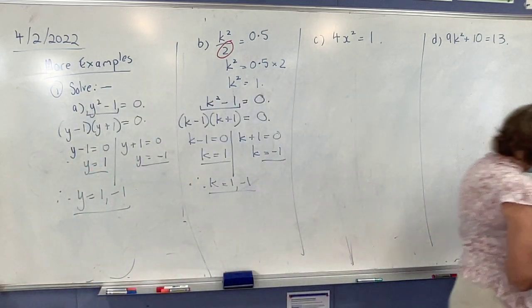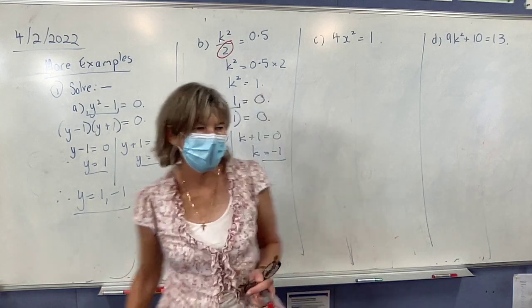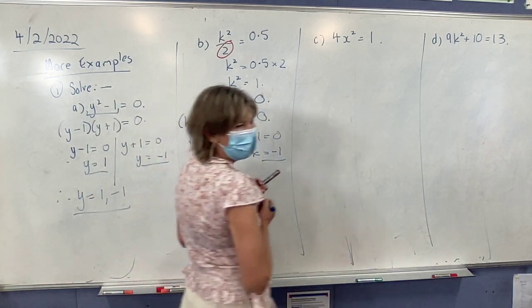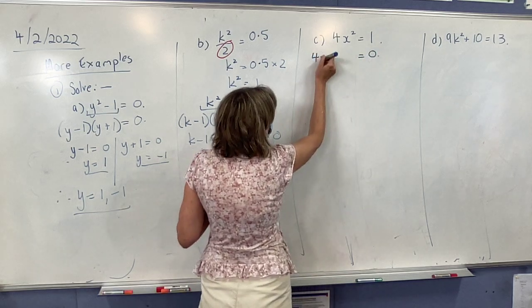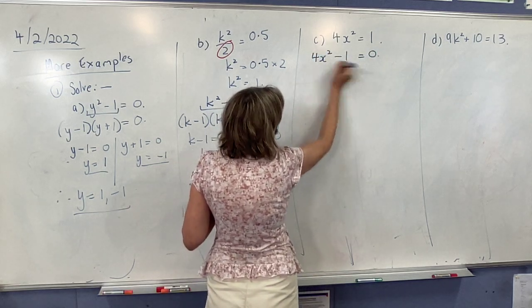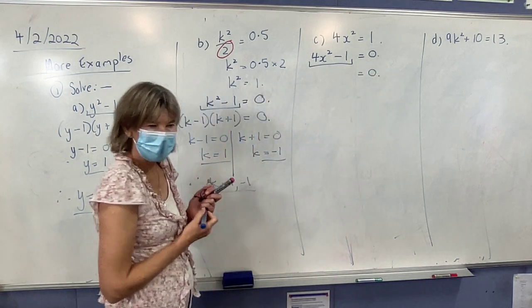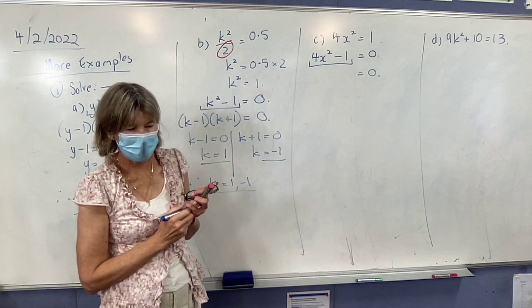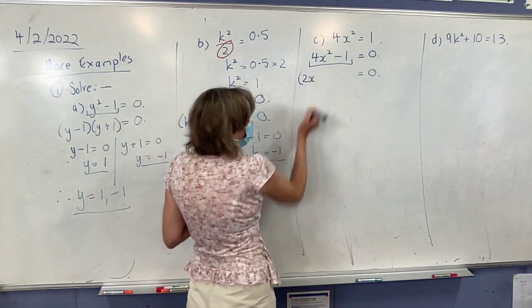Okay. Darcy. Next one, C. You're going to make it equal to 0, so it's 4x squared minus 1. Okay, we're factorising that. What have we got? 2x minus 1.